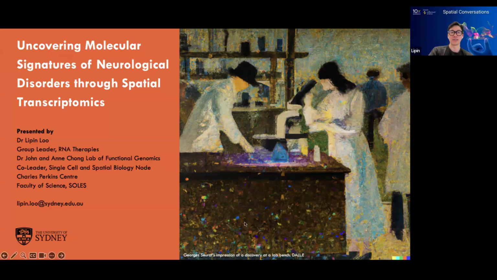This is an illustration I made with DALL-E, the AI platform, an impression of what Surat would think of as discovery at the lab bench, a bit like sectioning tissue for spatial. In the past, you just looked under a microscope with an H&E stain, but now we can look at specific cell types through transcriptomics. How far we've advanced historically is quite amazing.